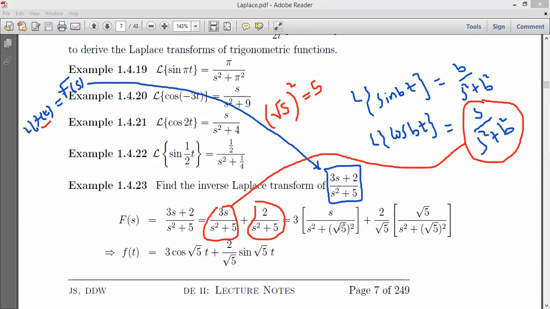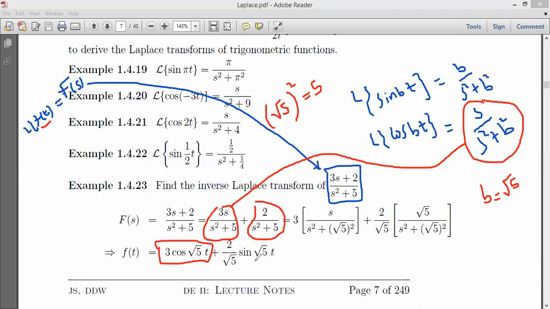Now it means that my b is root 5. The 3 here, I have thrown it out. So I have s over s squared plus root 5 squared. But this root 5 is actually the b. That's why from this, I end up with 3 cos root 5t, which is the answer there.